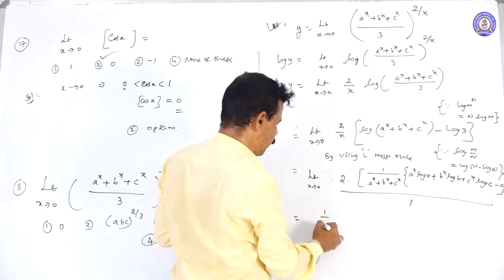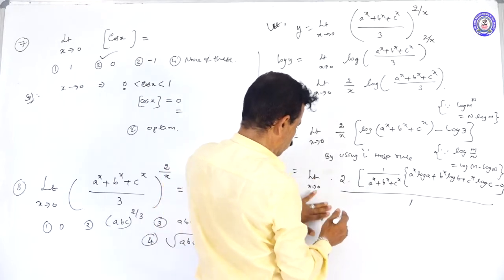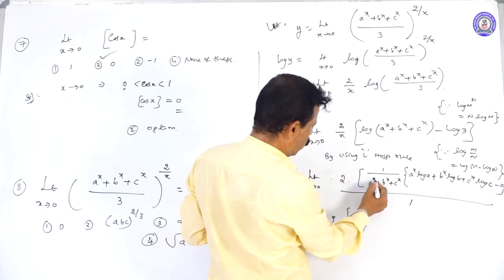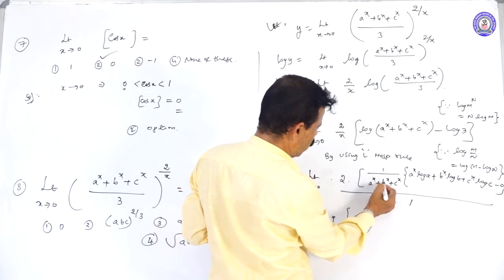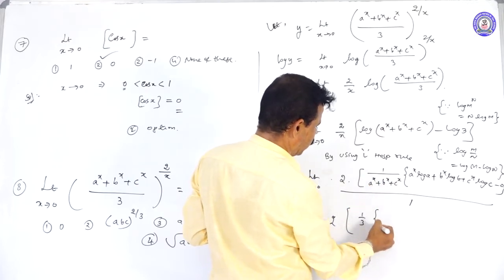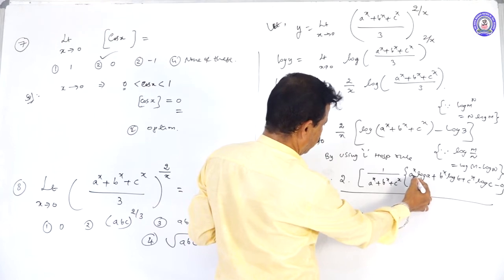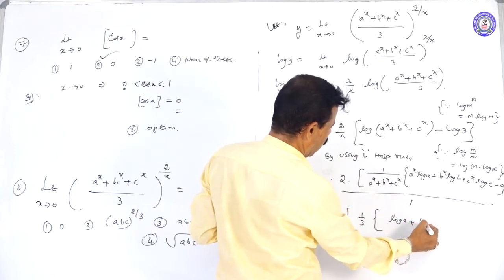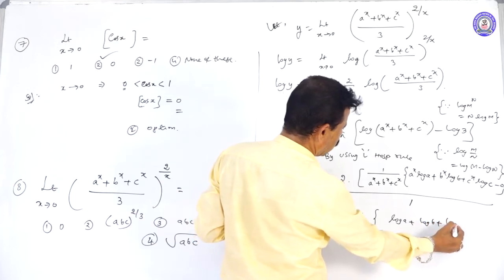After this, apply x tends to 0: here 2 multiplied by x power 0, a power 0 is 1, this is 1, this is 1, so 1 by 3 inside. Here a power 0 is 1, so log a only, here log b only, here log c only.